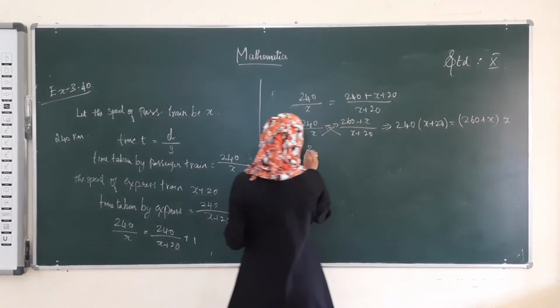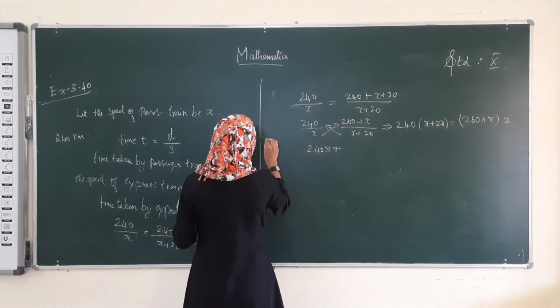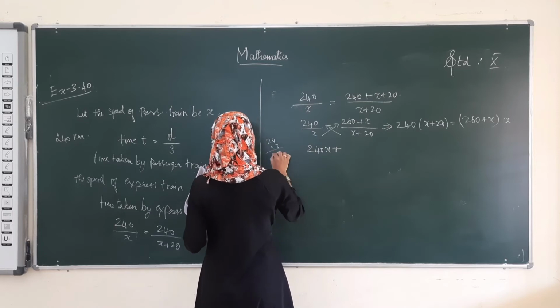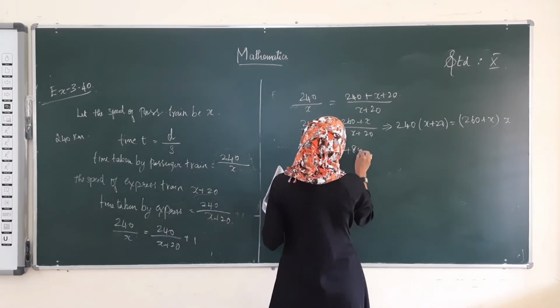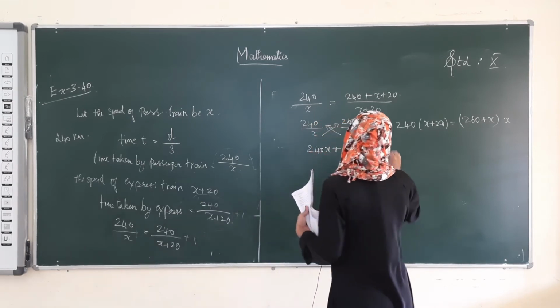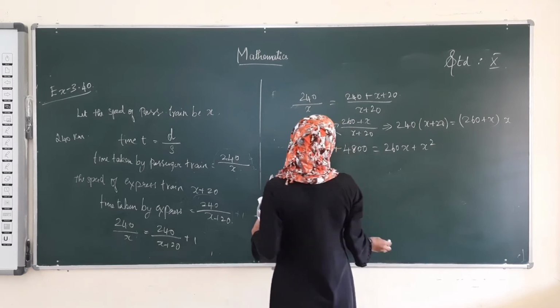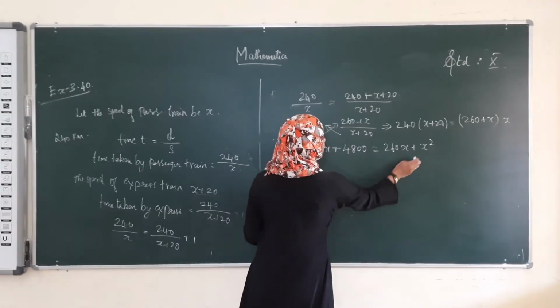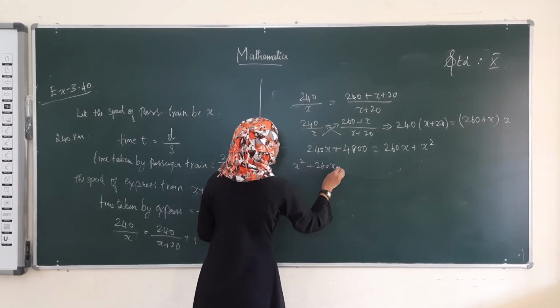Okay, solve this. 240 into x plus 4800 is equal to 260 into x plus x squared. Okay, x squared. Take these terms to that side. x squared plus 260 into x will be as it is.